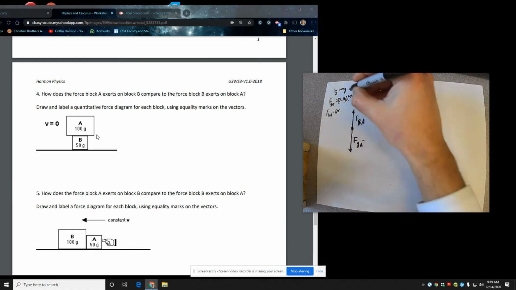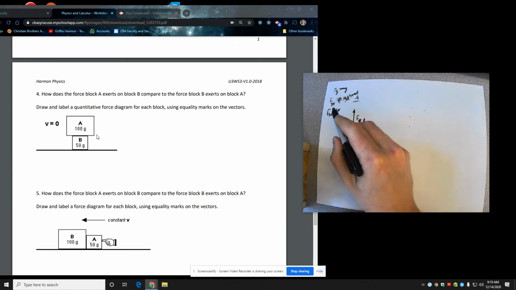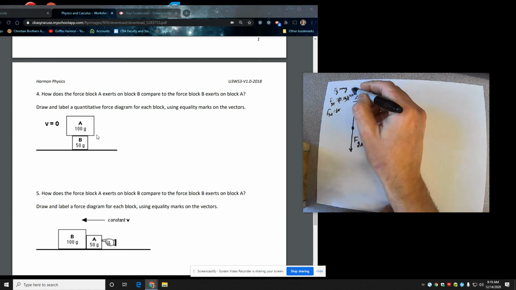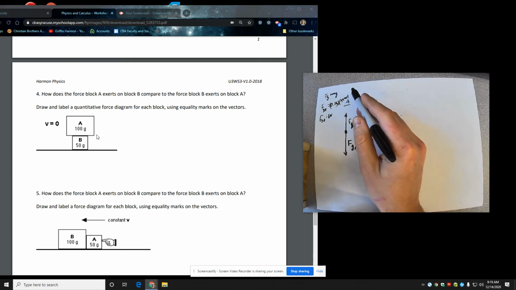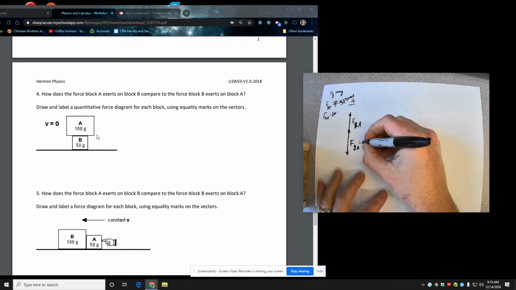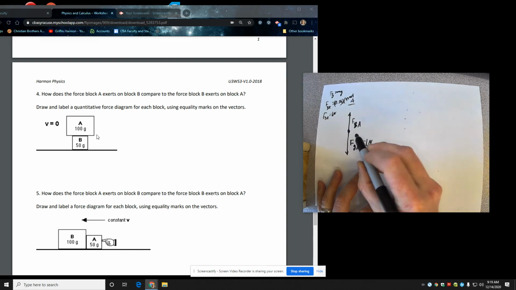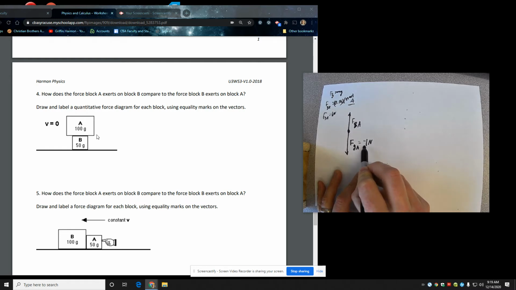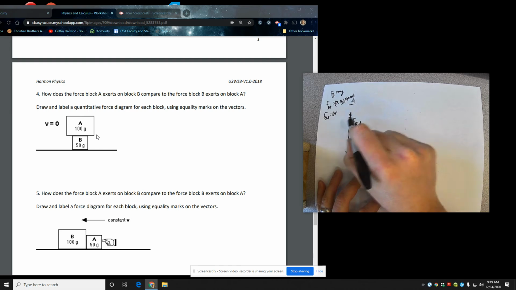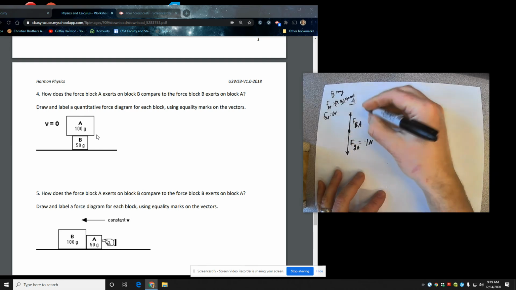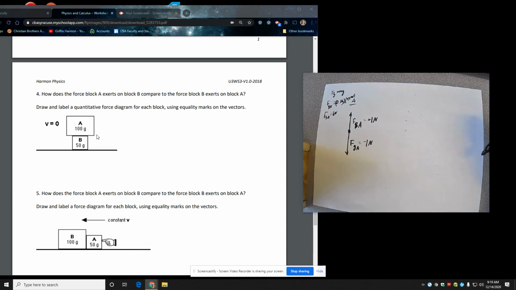You can do 0.1 times 9.8, you can round that to about 10, so 0.1 times 10 is about 1. So FGA is actually, we're going to call it -1 because it's pointing down. It's up to you to assign the sign on the gravity. Now, I don't have any way to calculate FBA, but I know it has to be +1 because they have to be balanced. This thing's not accelerating.